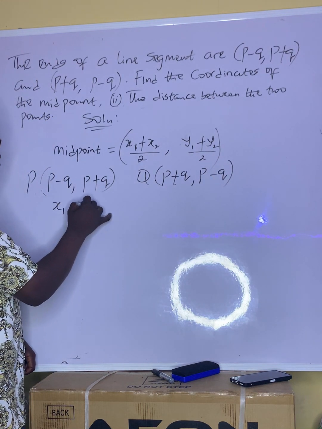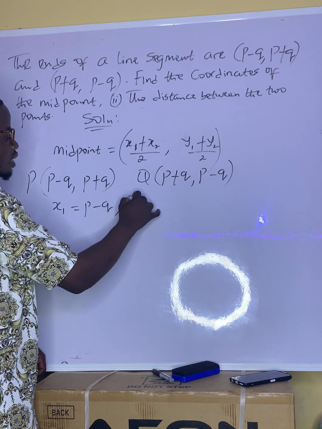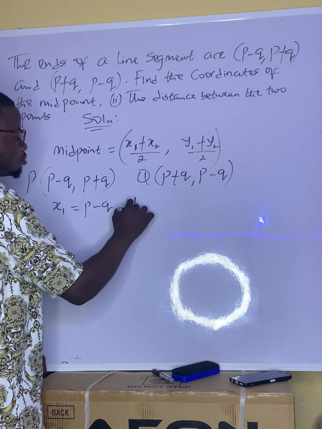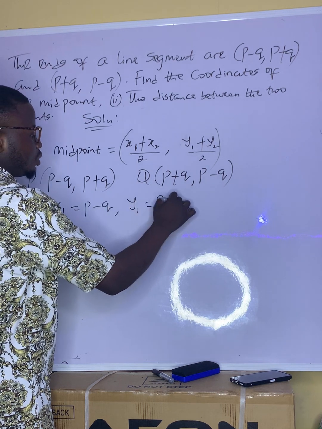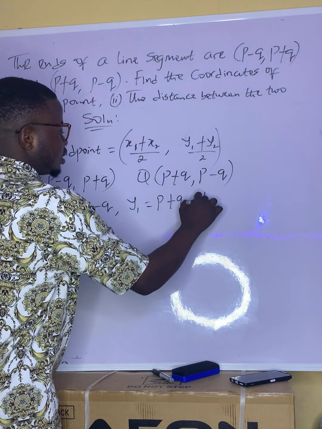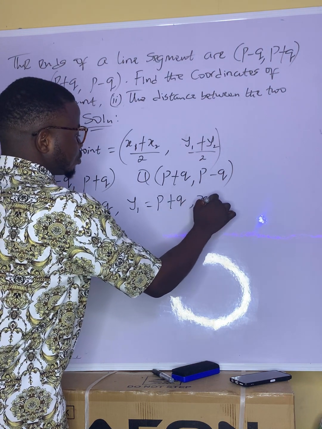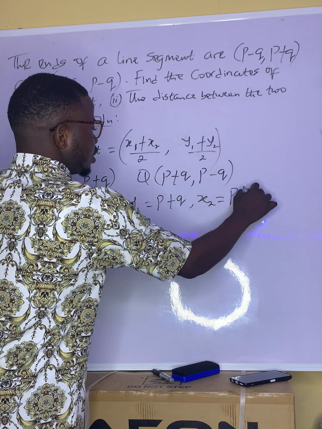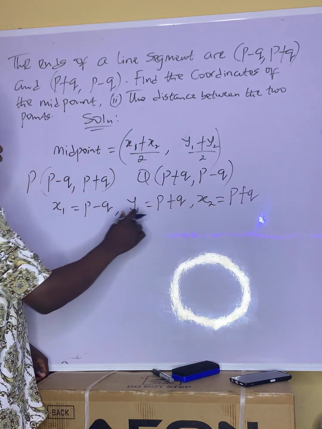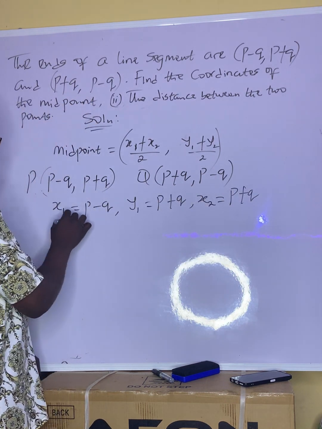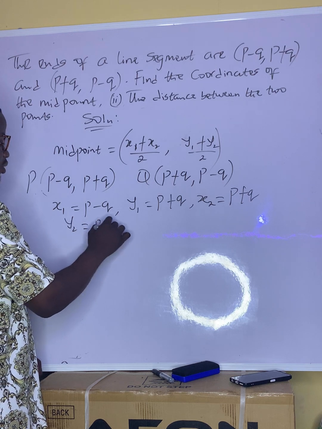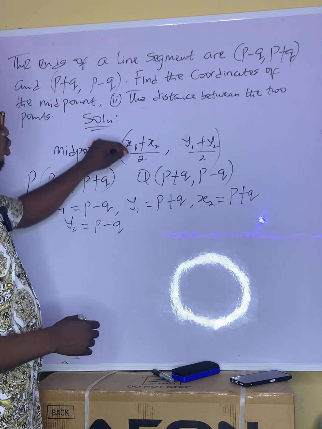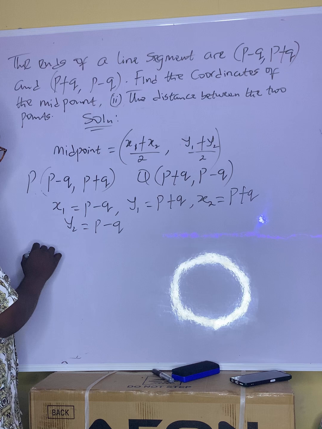So the value of x1 is equal to P minus Q, and the value of y1 is equal to P plus Q. The value of x2 is equal to P plus Q, and the value of y2 is equal to P minus Q. So we just substitute directly into the formula to get the midpoint.